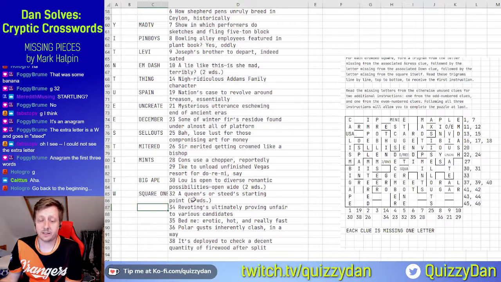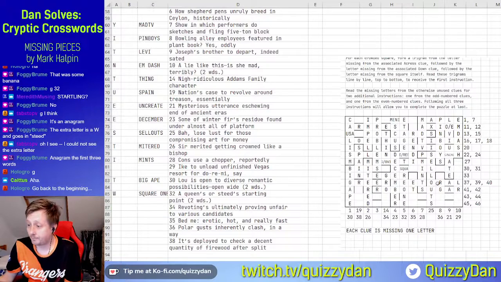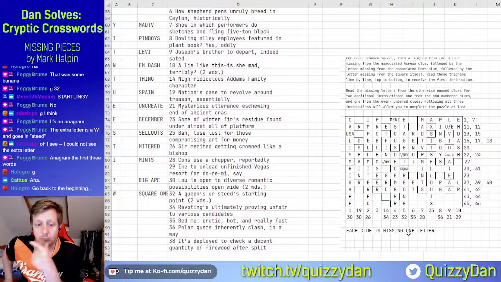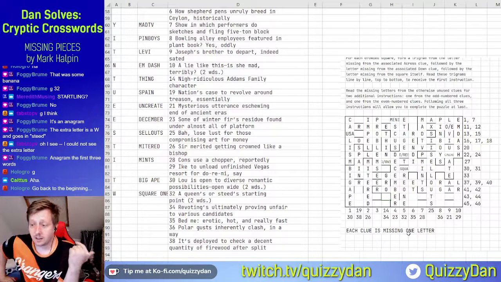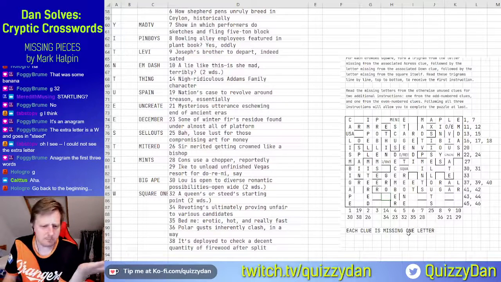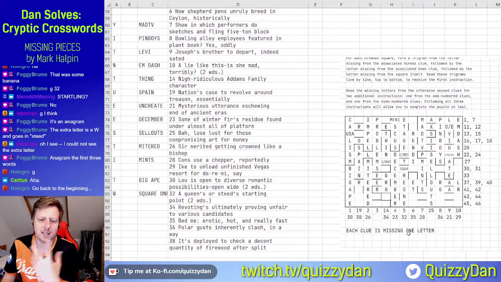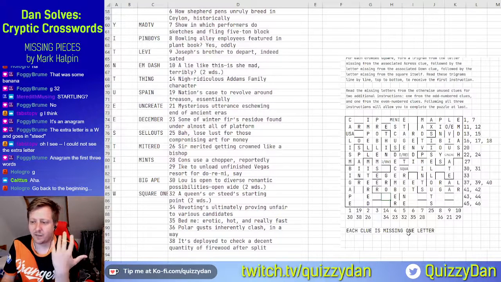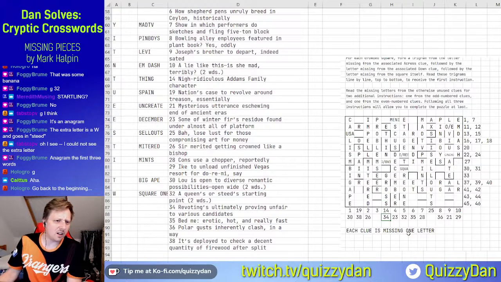34. Revolting's ultimately proving unfair. Where is 34? Gross? Hang on. It's revoting. But I immediately read that as revolting, which has an extra letter in it, and it must be revolting. Ultimately proving is G. Is unfair a Ross?